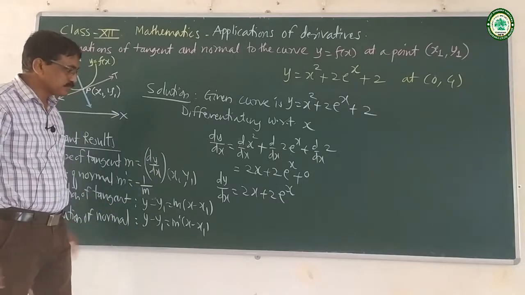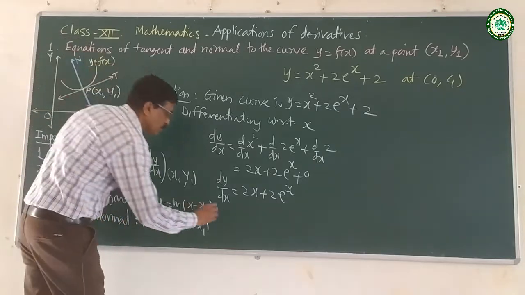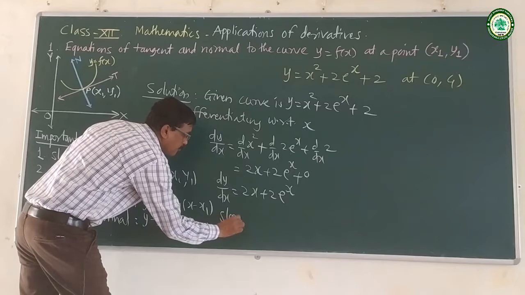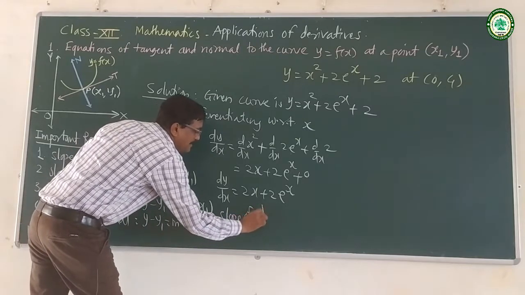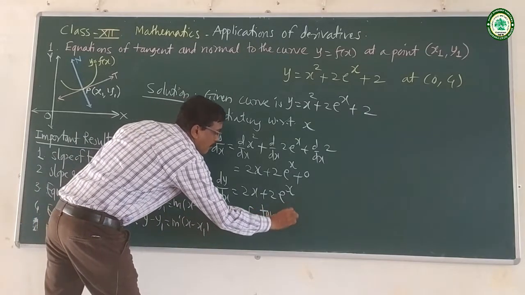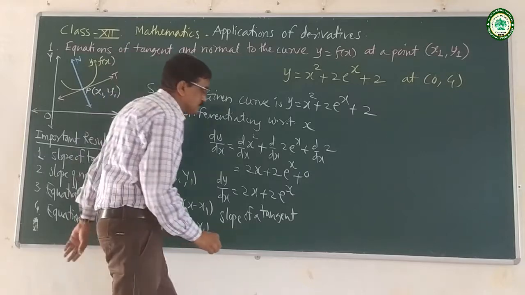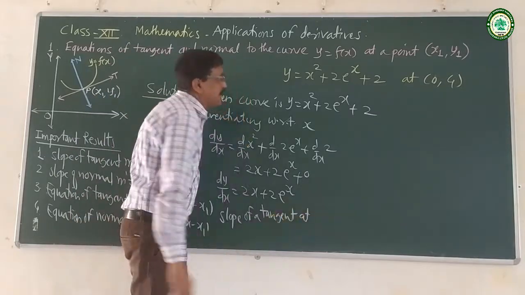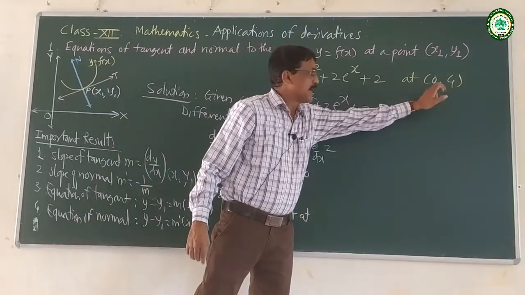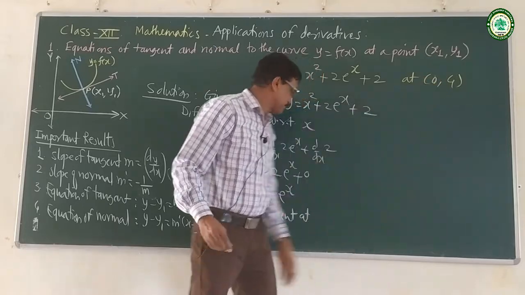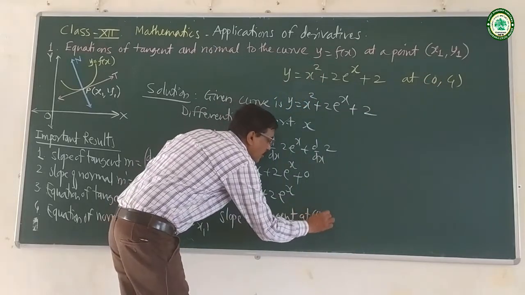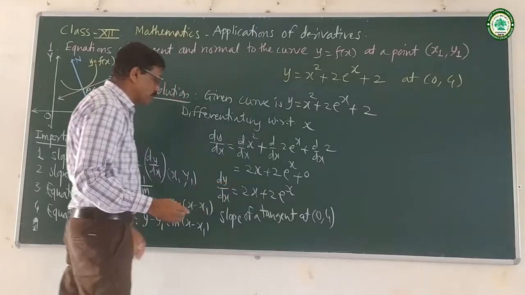Now next, slope of a tangent at which point? 0, 4. x1 is 0, y1 is 4. At 0, 4, what is the symbol?